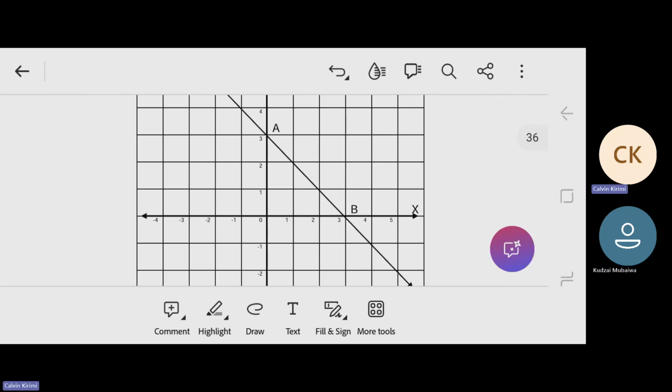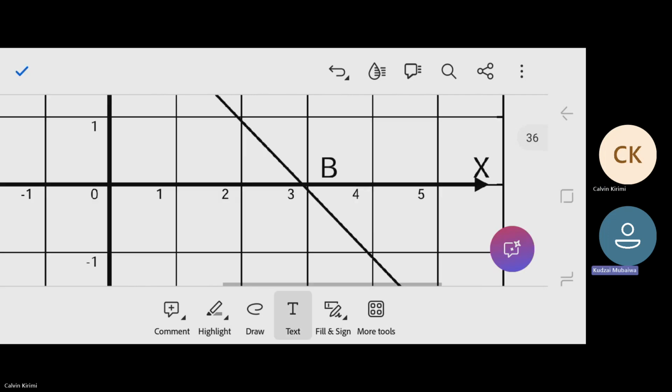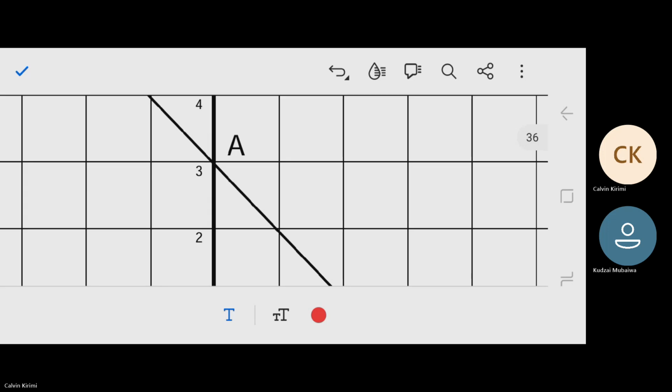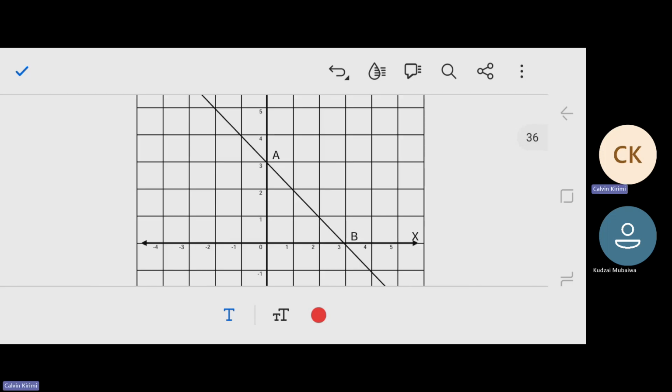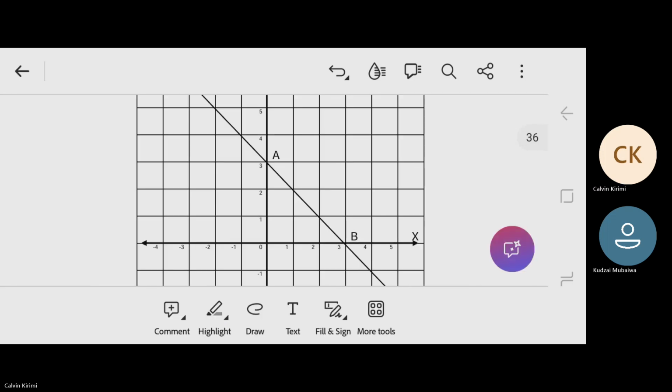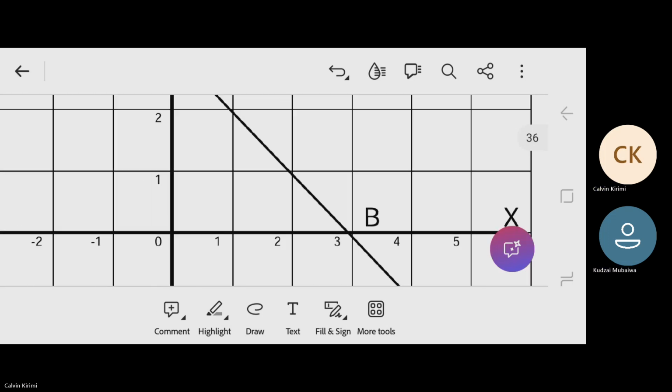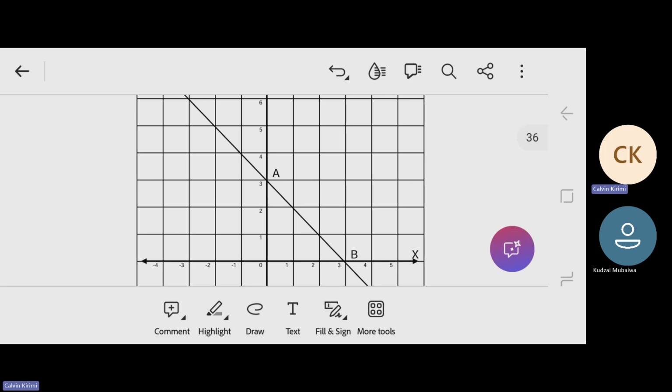So point A is what? 3. Then point B is what? Also 3. So which means the slope of the line is going to be what?